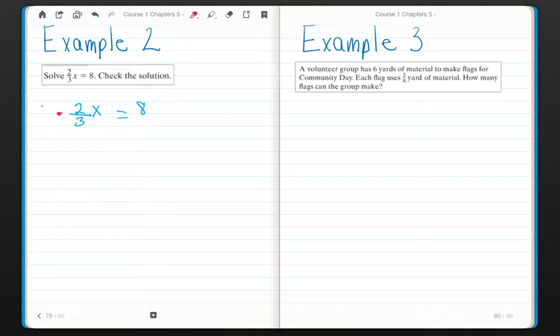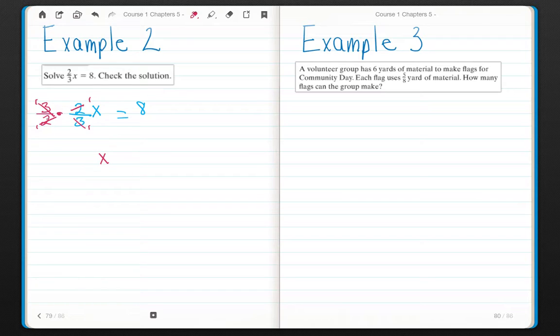So I'm going to multiply by 3/2. The reason I multiply by 3/2 is the same reason why I multiplied by 8 in example 1. I can cross cancel these, get 1s. 1 times 1 is 1, 1 times 1 is 1, and I am left with x.